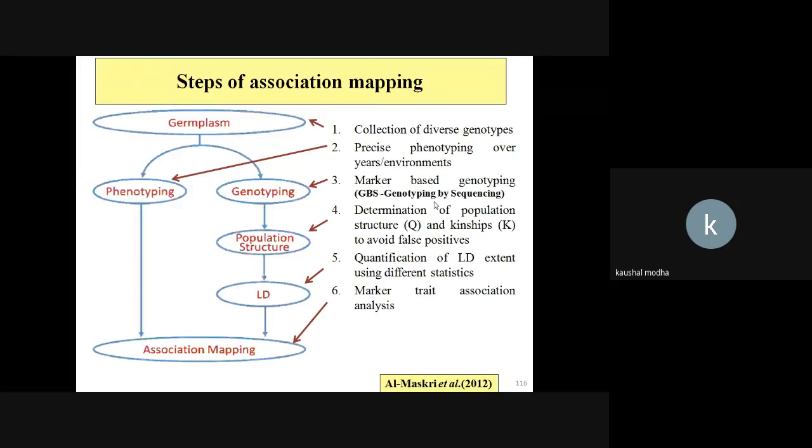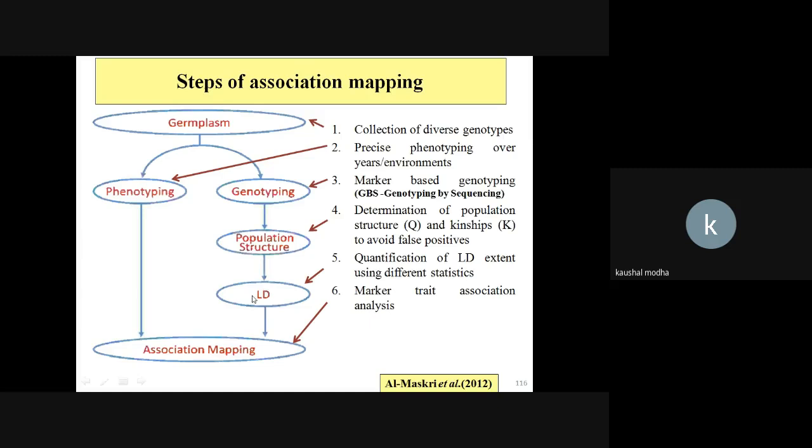And once we have the genotypic data, we deal with population structure and genetic relationship and determine that by Q and K matrix or matrices to work out the possibility of false positive. We overcome that and we perform LD mapping on the basis of the genotypic data obtained from the germplasm lines, linkage disequilibrium mapping across the genome.